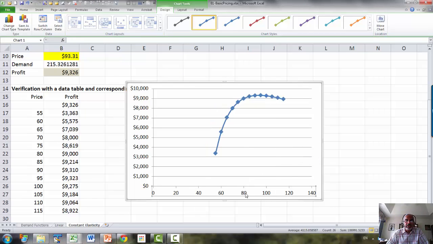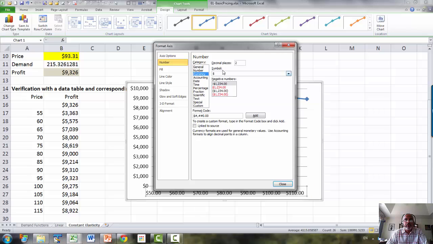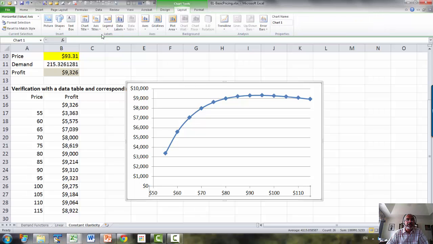Okay, so let's change this to 50 to 115 and the number format to currency with 0 decimal places. That's for the price, and here's the profit. Okay, let's give titles.